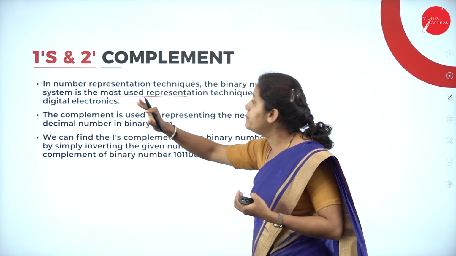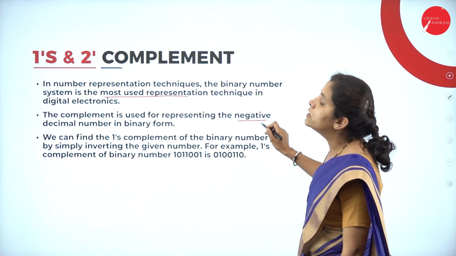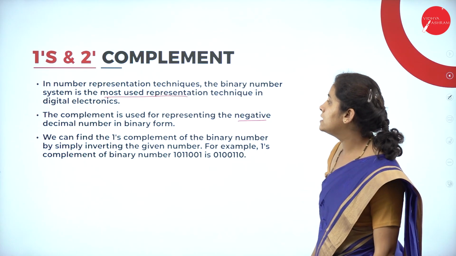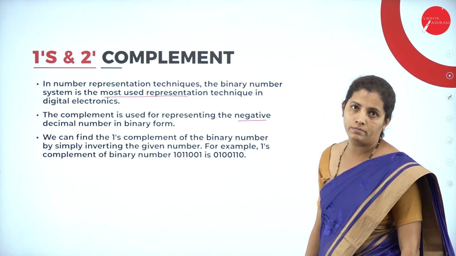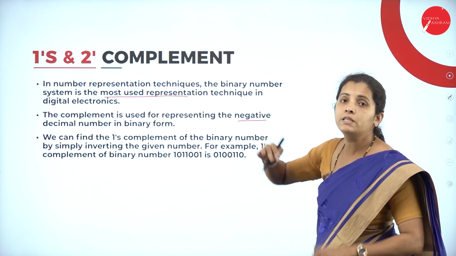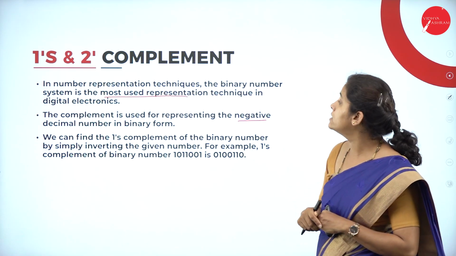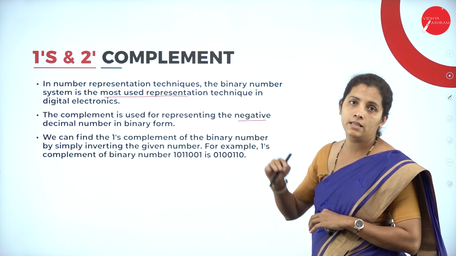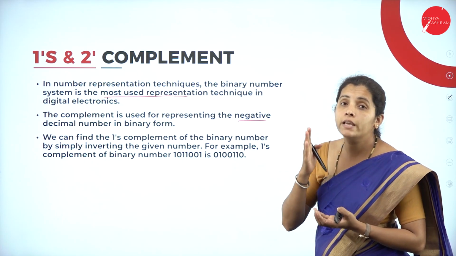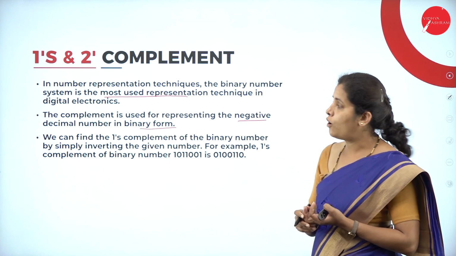So the complements are used for representing negative decimal numbers in binary form. The ones complement is mainly used to represent negative decimal numbers in binary form.